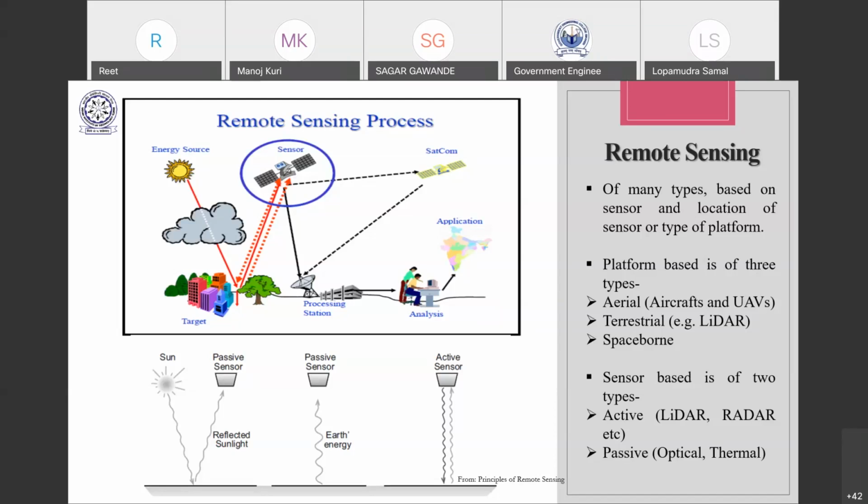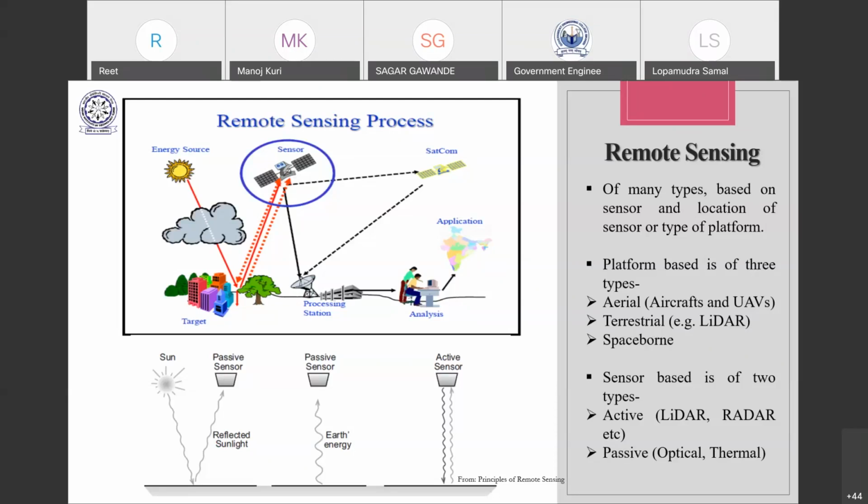Passive sensors are those which work with the energy of the sun, and active sensors are those which work by their own source of energy. So most of the optical satellites work as passive sensors, and active sensors are usually microwave remote sensing sensors.